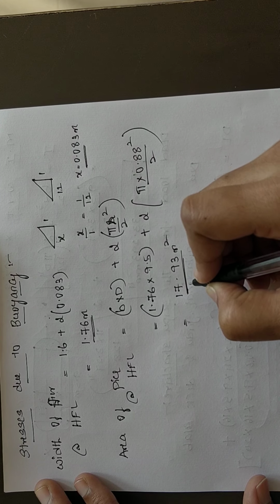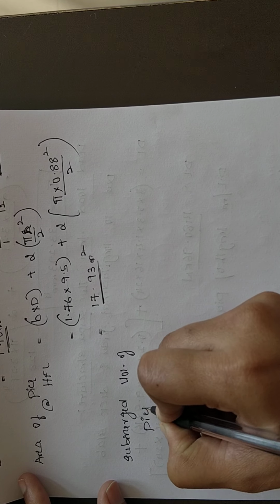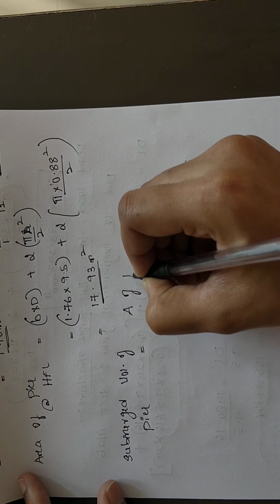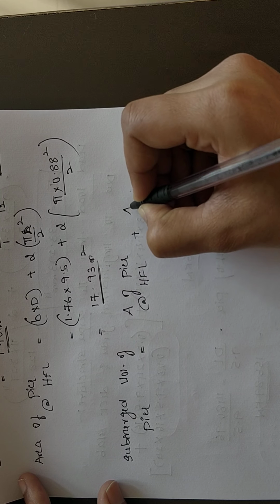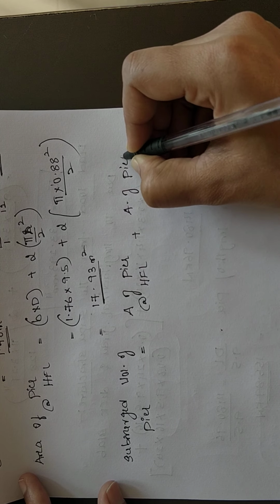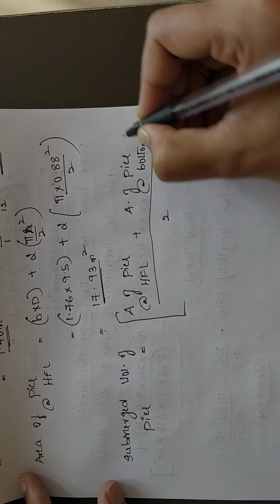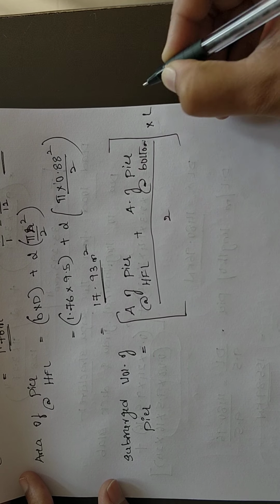Once you calculate the area of the pier at HFL, you need to calculate the submerged volume of the pier. Submerged volume of pier will be equal to area of pier at HFL plus area of pier at bottom, divided by 2, that is the average area, multiplied by L value.